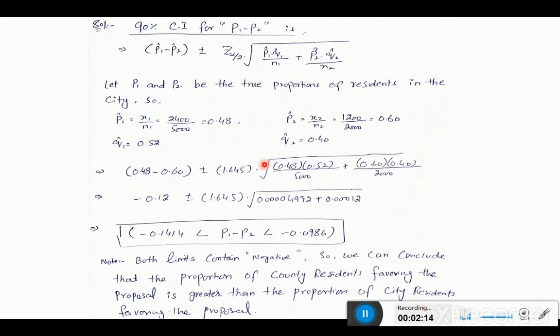P1 value 0.48 into Q1 value 0.52, divided by N1, 5000, plus P2 0.60 into Q2 0.40, that is 40%, divided by N2, the total residents of city 2, the county, 2000. Now solve this equation and you will get these two values.